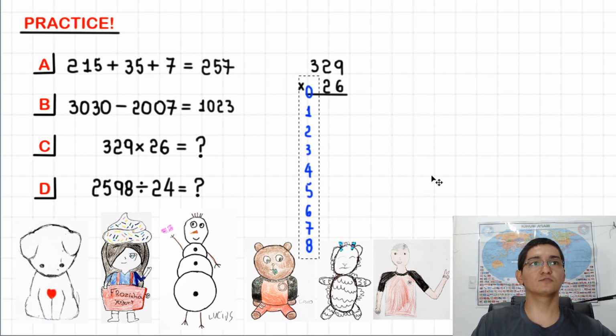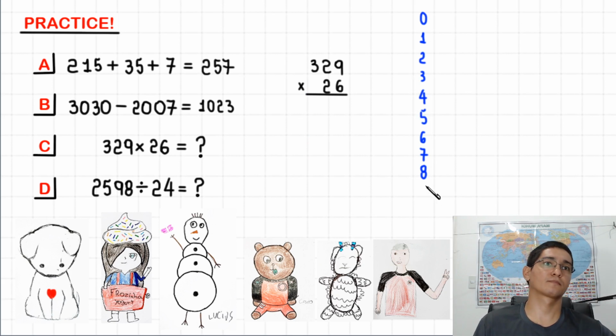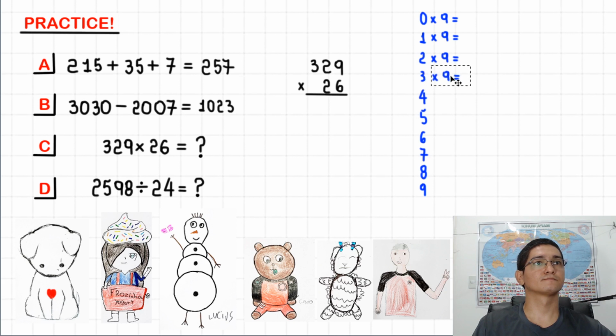Let me move this a little bit up, and we want to multiply by 9. Writing down the multiplication table of 9 is really easy. Isn't it nice how we can just copy and paste?